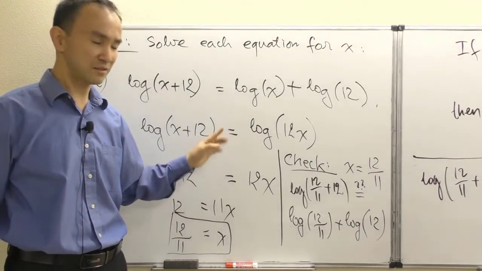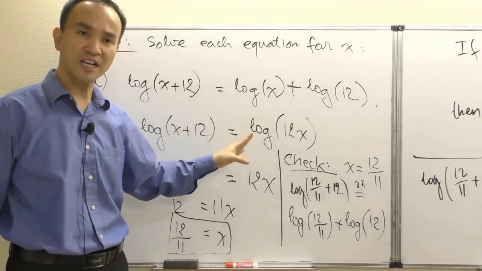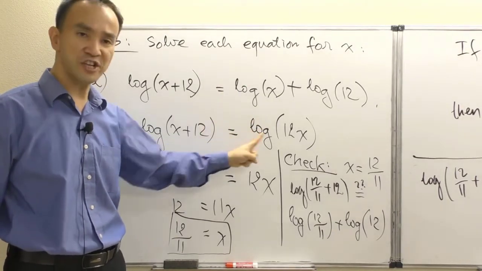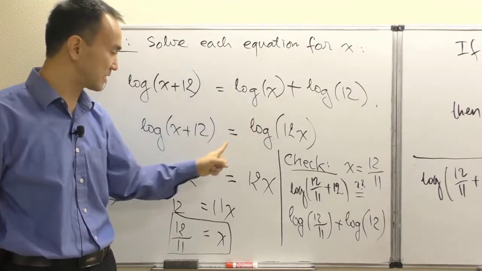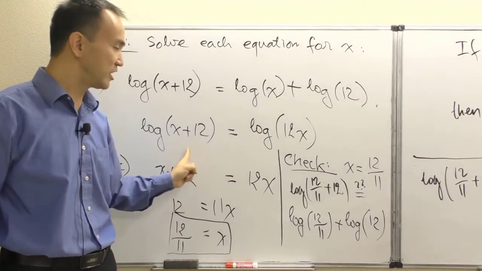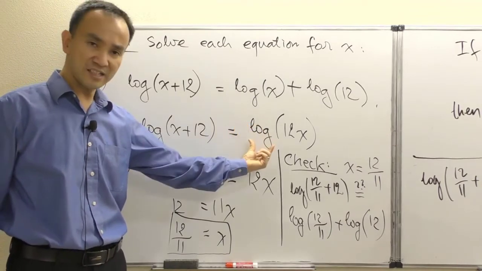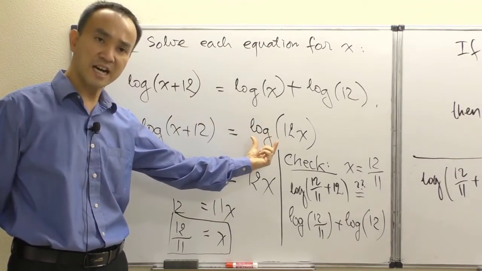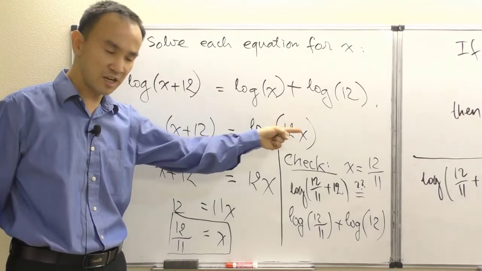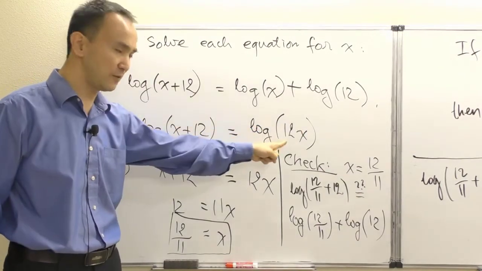But if we run into challenges, because the major challenge for this method is to turn your equation into the form where you have a single log term equal to another single log term on the opposite side, same base but different expression.